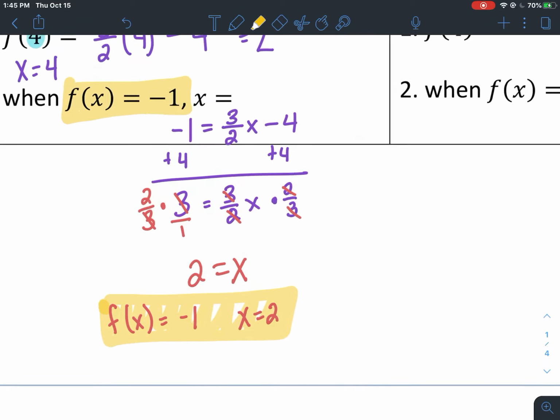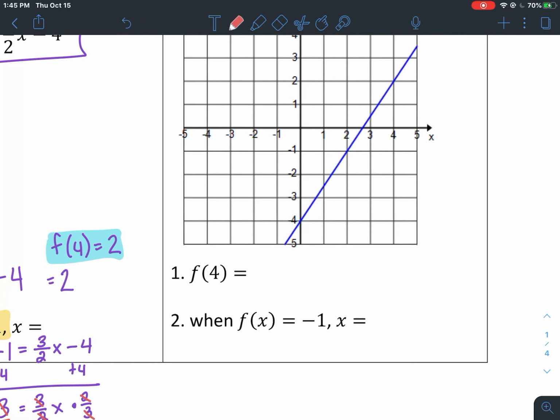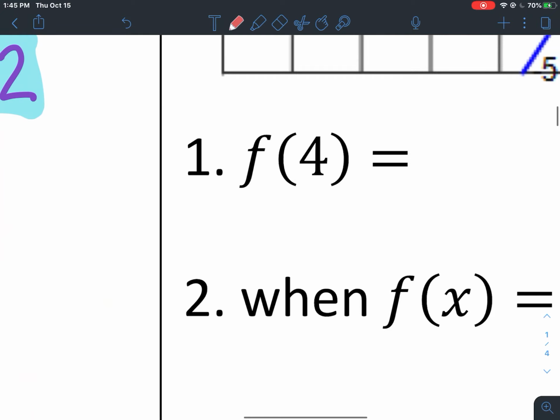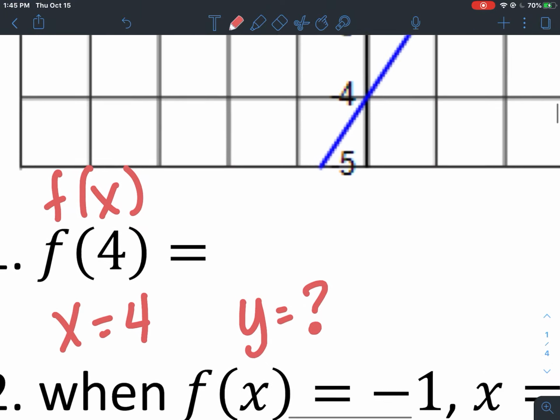Okay, then this next one, this time we're given a graph. So f of 4, remember f of x, so x equals 4. What will y equal?